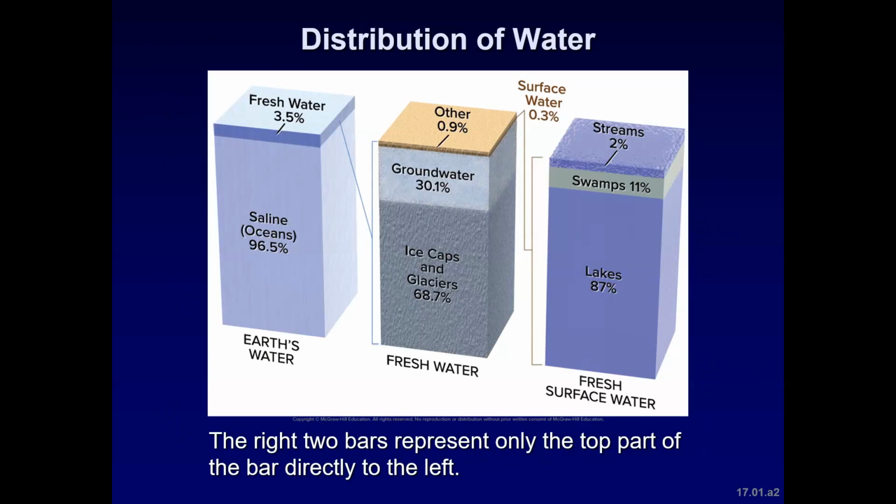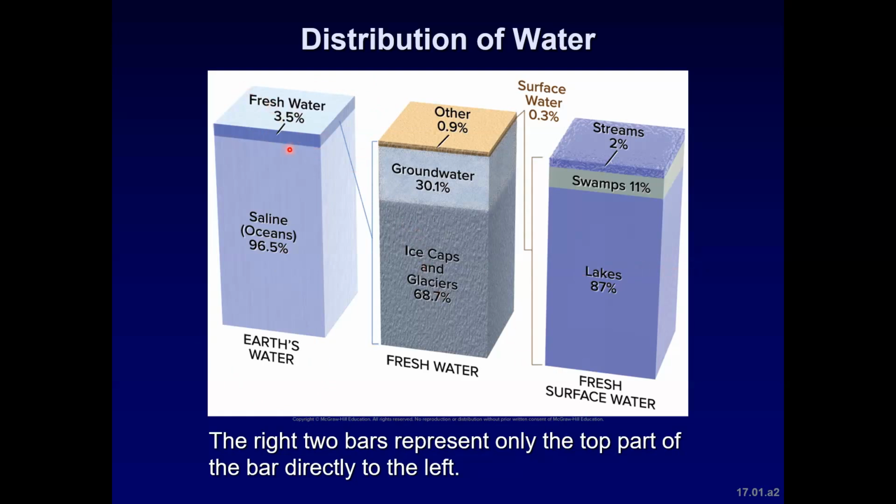Okay, so most of Earth's water probably originated during the formation of the planet or from comets or other icy celestial objects. Most of this water moves to the surface over time, such as when magma releases water vapor during eruptions. Okay, so we're looking at all of Earth's water here. Oceans having most of it, and then fresh water only being 3.5%. And then the right two bars represent only the top part of the bar directly to the left.